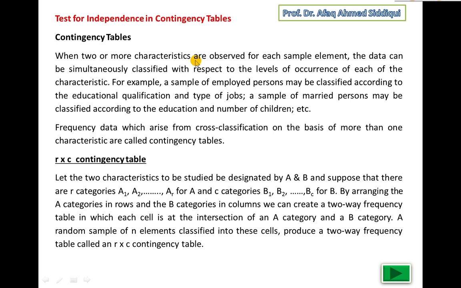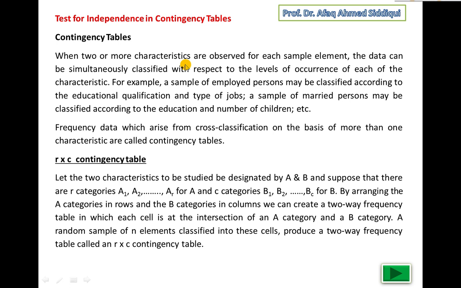So what is the main difference if we represent two characteristics in cross classification? Cross classification means in rows and columns. Why? Because for one characteristic we require rows or columns, either one. So in a frequency distribution table we represent the data in the form of a column. For two or more characteristics we require rows and columns.